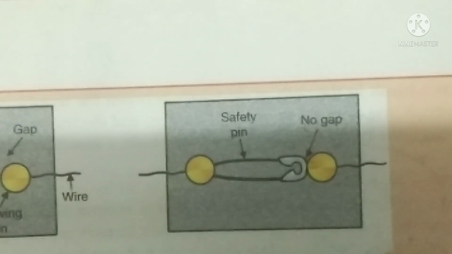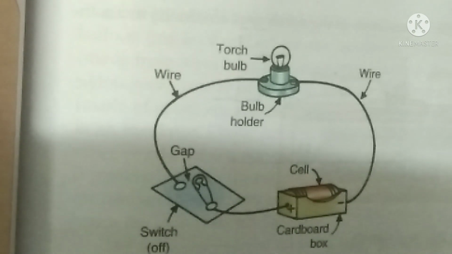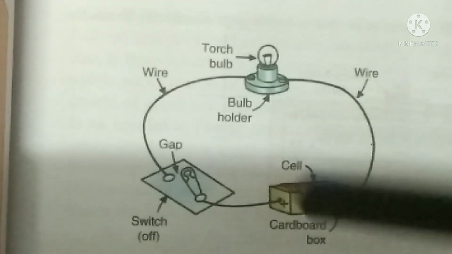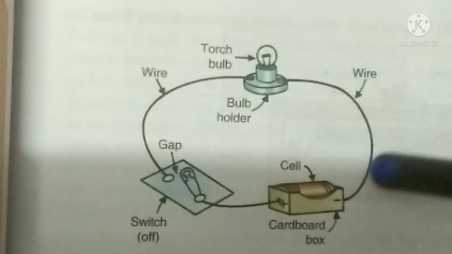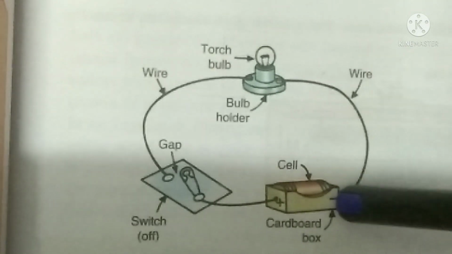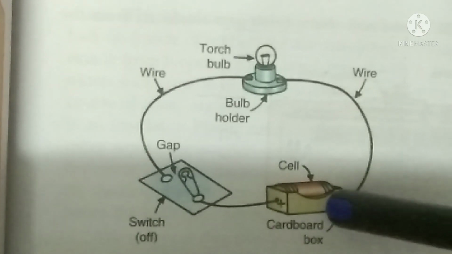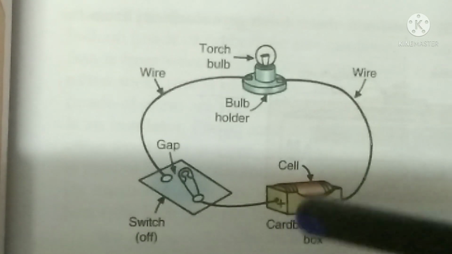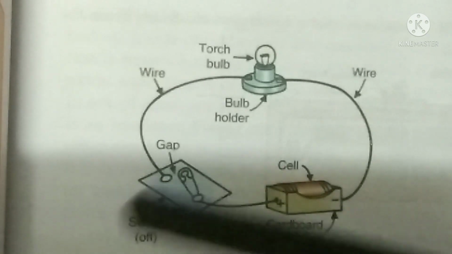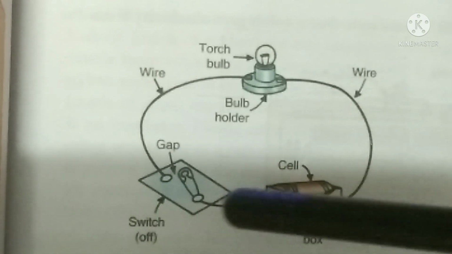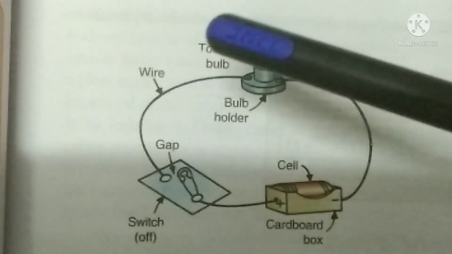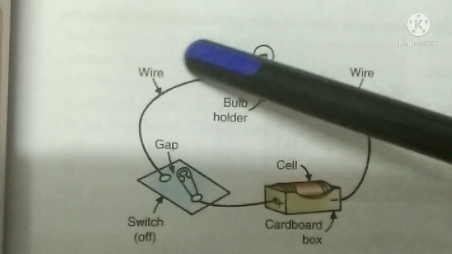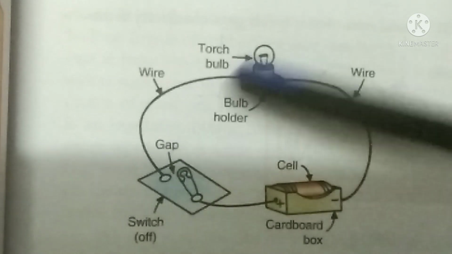Please try at home. Now look at this circuit. Here you see there is a bulb which is connected to a cardboard box in which the cell is kept. The cell is the source of energy, and that cell is connected to our switch which we made just now. That is, a safety pin is there, there is a gap, and then it is connected to another wire.